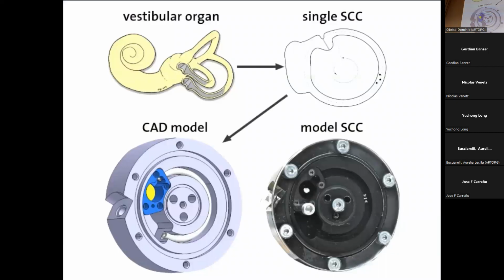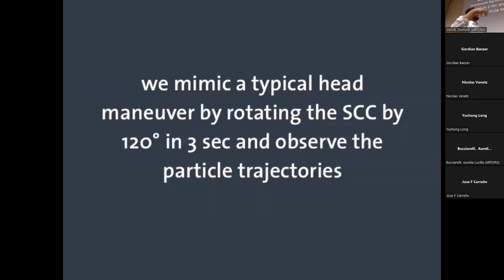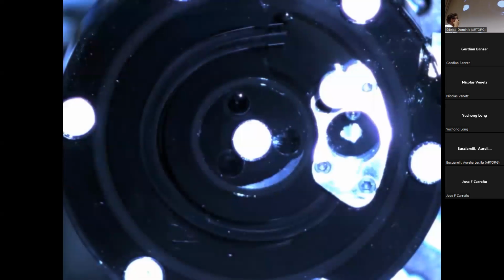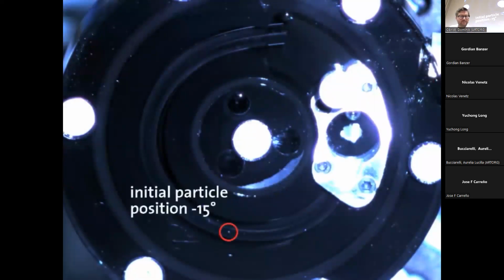We used Reynolds number scaling to adapt the viscosity of the fluid and the density of the particles, to make this semicircular canal 5 times larger than in reality. And we mimic a typical motion of a person lying down in bed. And we have a particle down here, this red circle.